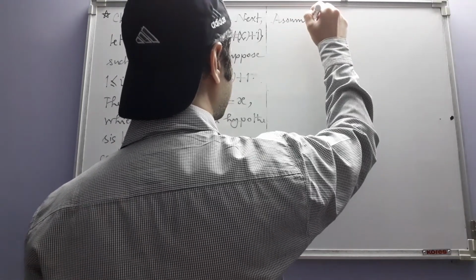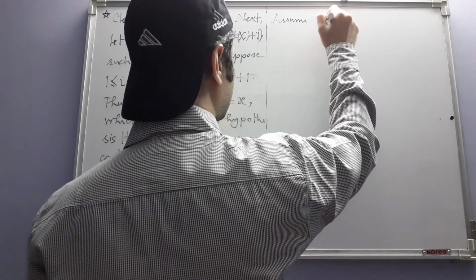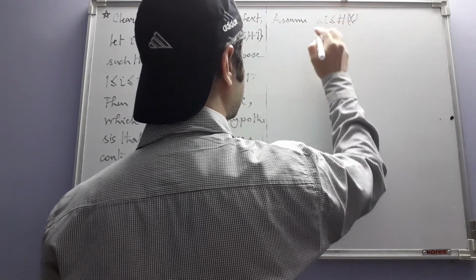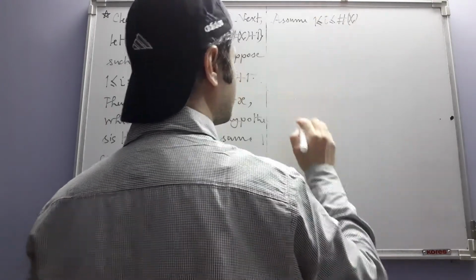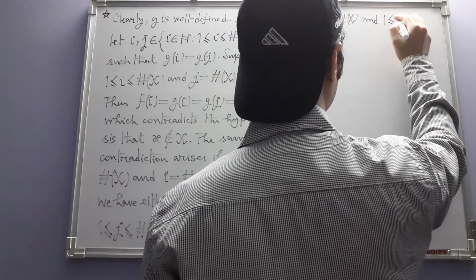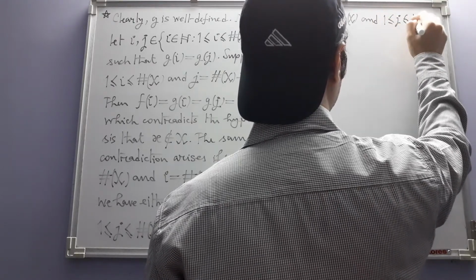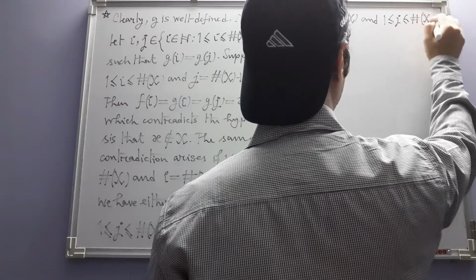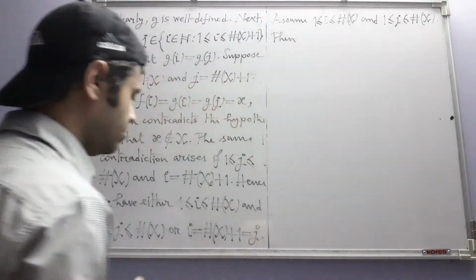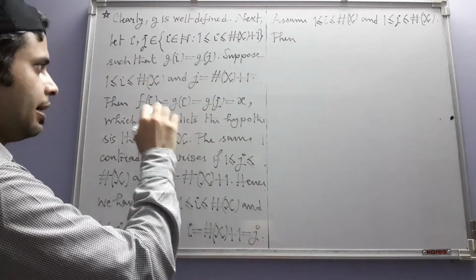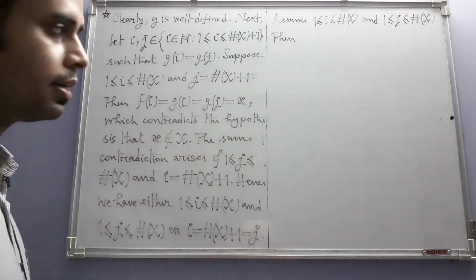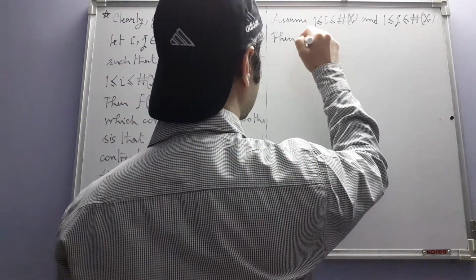Assume these inequalities. Then, by the definition of G, G of I and G of J are respectively equal to f of I and f of j.